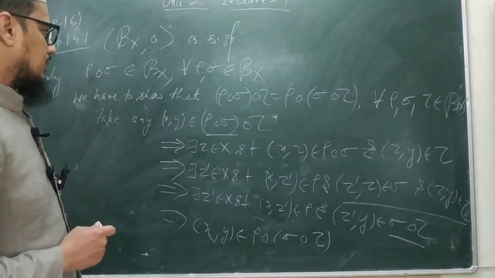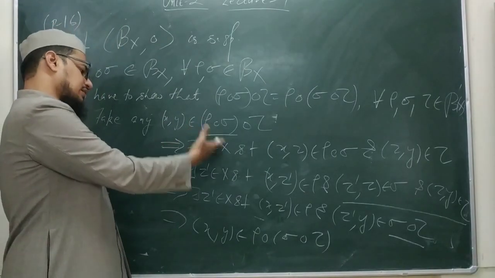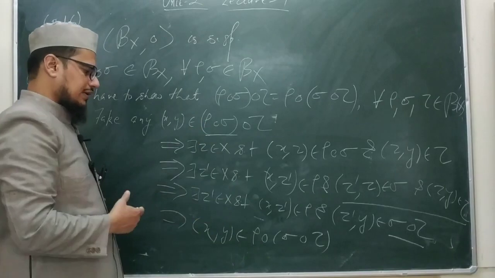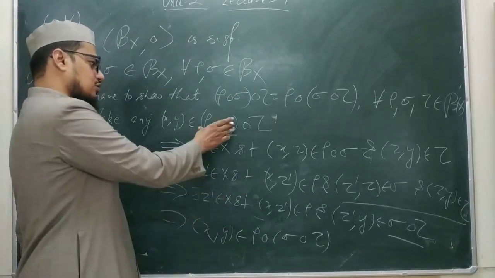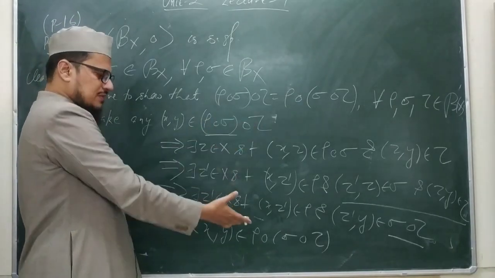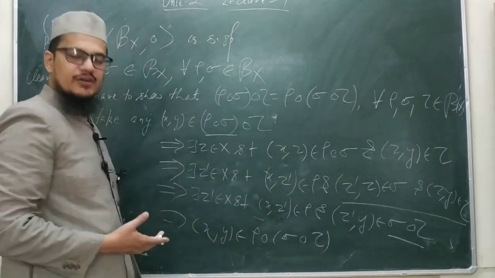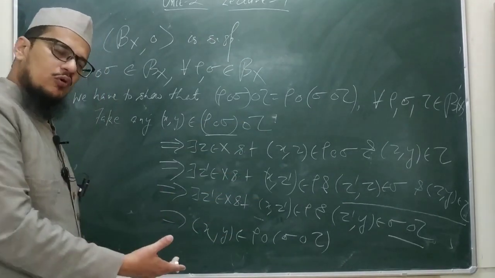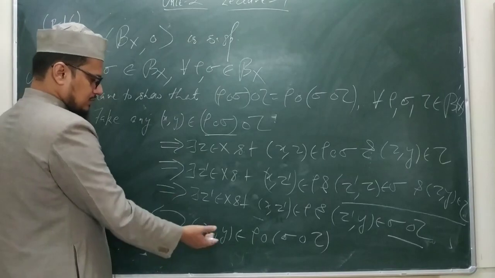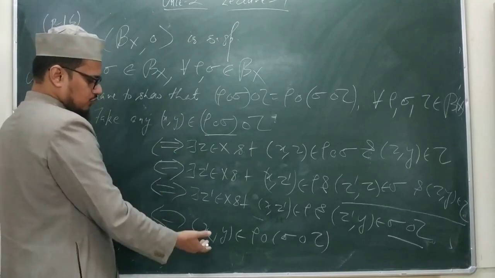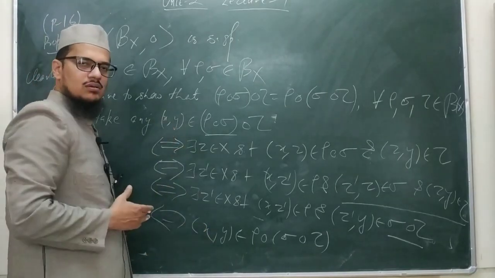So in this way, you see that you have taken an element here and you have shown that this element belongs to this. So it means that (rho composition sigma) composition tau is a subset of rho composition (sigma composition tau). Also you can go in the reverse way: if you start from here, you will reach here.